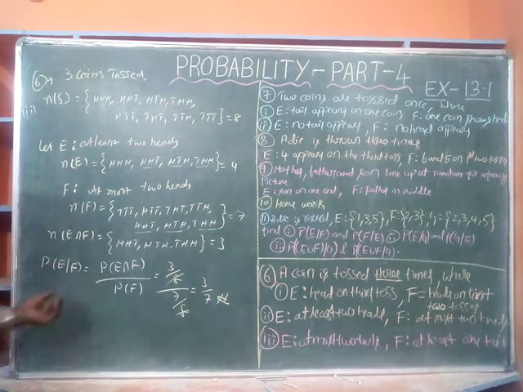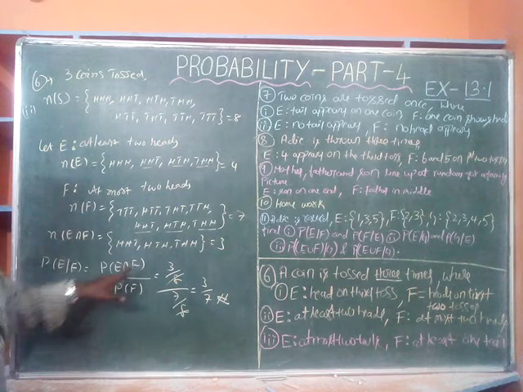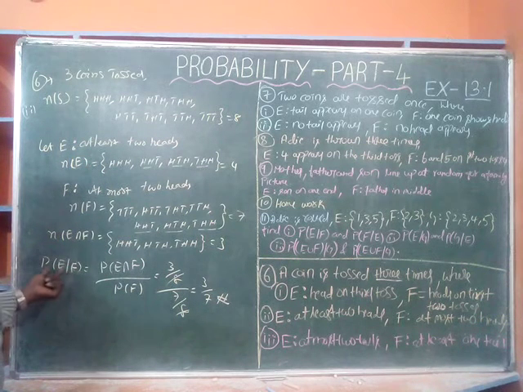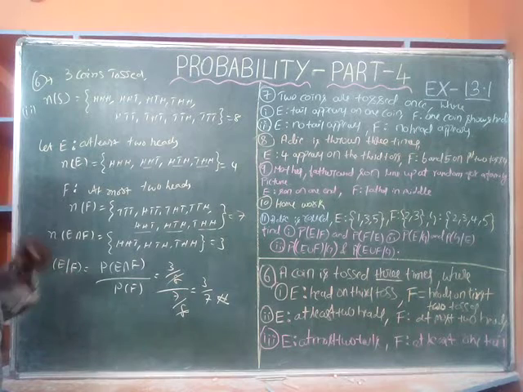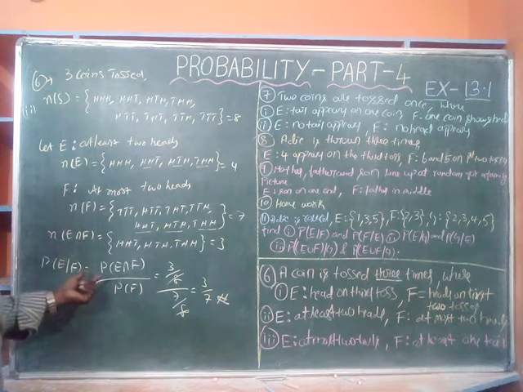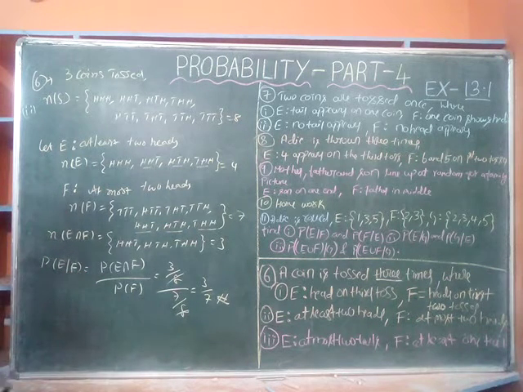Like that we have to find the conditional probability of E given that F has already appeared. That is the sixth problem.